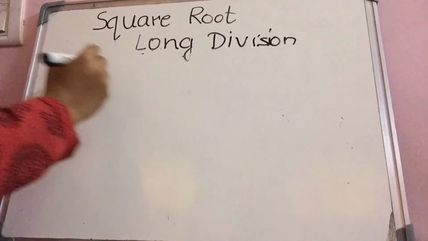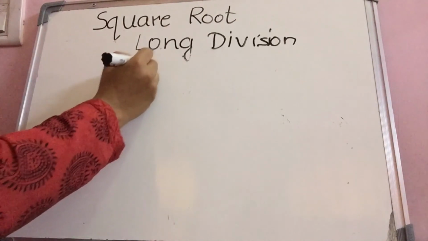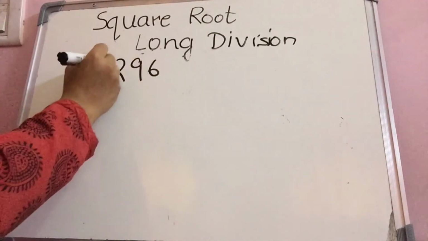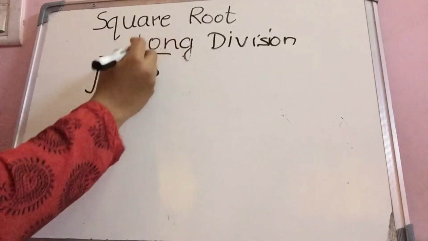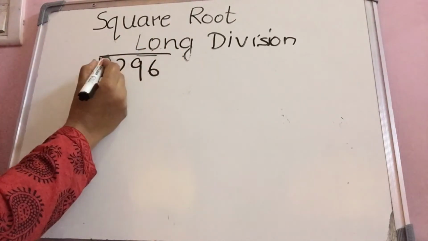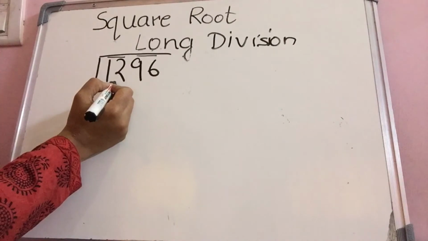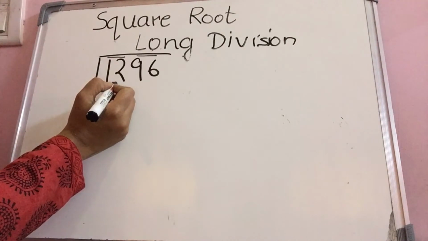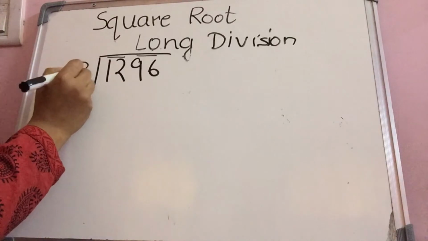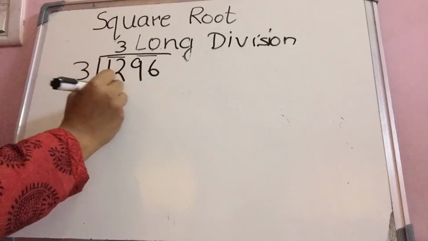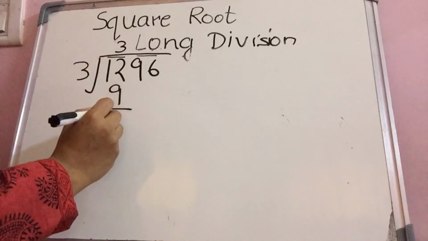If we have to find the square root of 1296 by long division, how will we do it? We'll make pairs of 2, this and this, and we'll find the nearest square, that is 3 3s are 9, because 4 times 4 is 16. We can use 3. 9 and then we'll subtract it, we get 3.